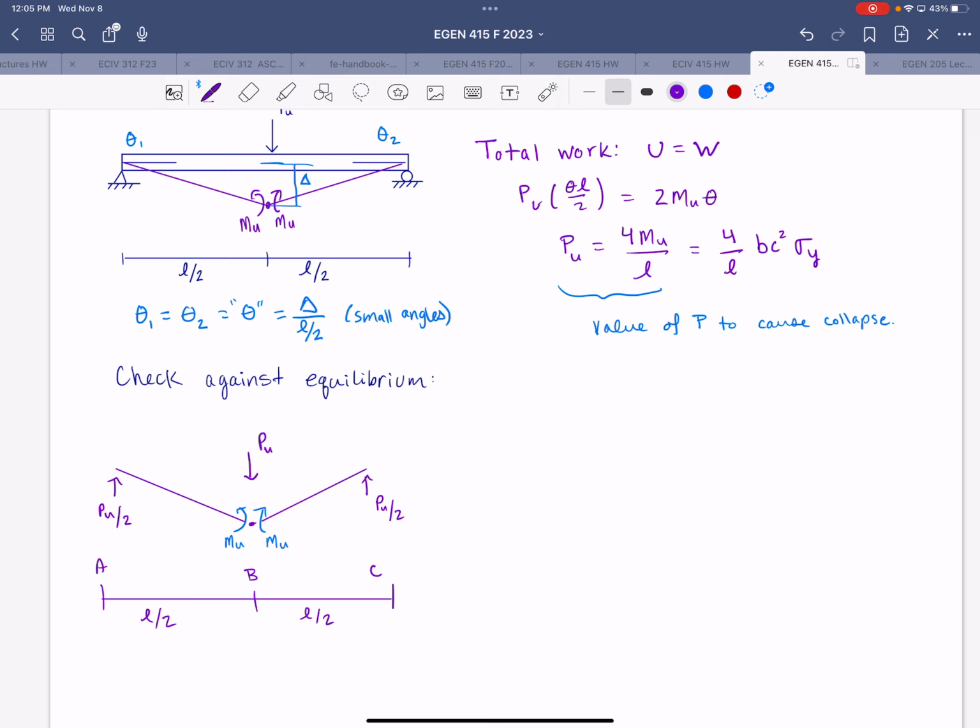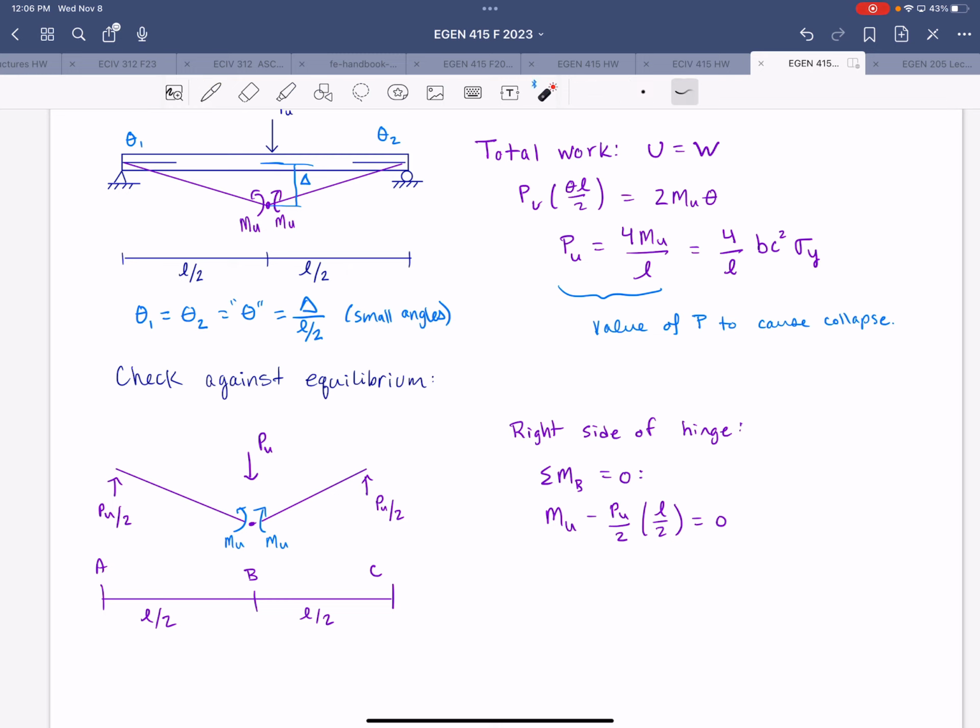All right, so if we just take the right side of the hinge, and sum moments about B, we have Mu minus Pu over 2 times the moment arm of L over 2, which is equal to 0.